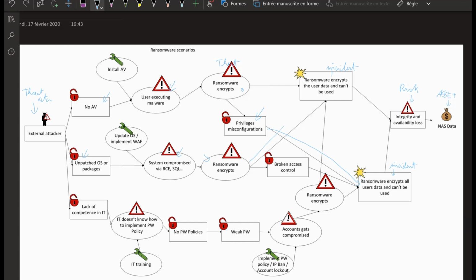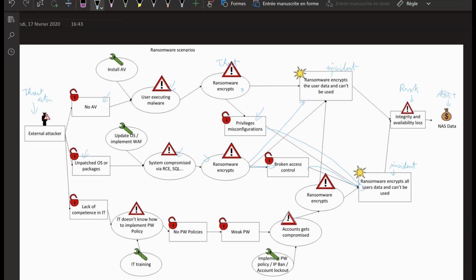It is either going to encrypt a specific folder, for example, if you've got a web service, so your NAS was compromised through the web service that was exposed over the internet, and maybe it's not going to encrypt more than the folder of the technical user which is running the web service. But if you chain this with a broken access control vulnerability, for example, it's going to be able to encrypt multiple users' data, or maybe the entire system.